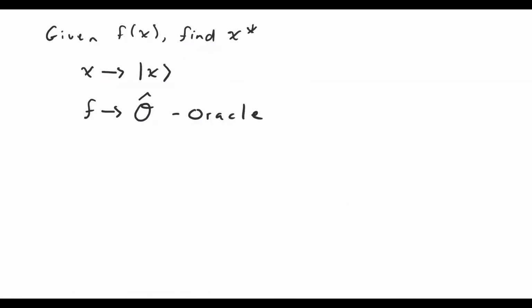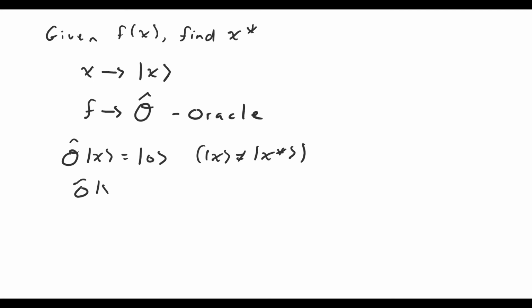The straightforward translation from the function f to the linear transformation O would be to have O acting on the basis vector x equal to the basis vector 0 if x is not equal to x star, and to have O acting on the basis vector x star equal to the basis vector 1.